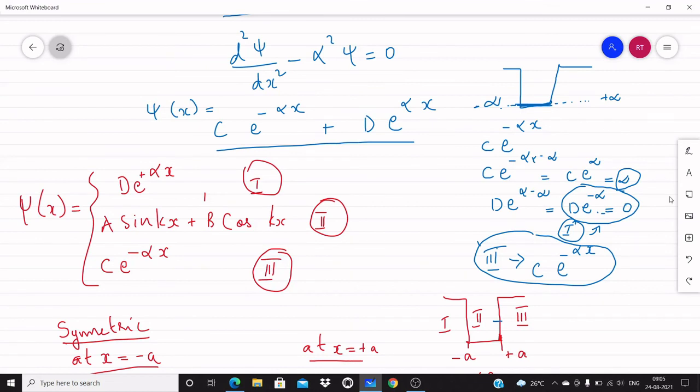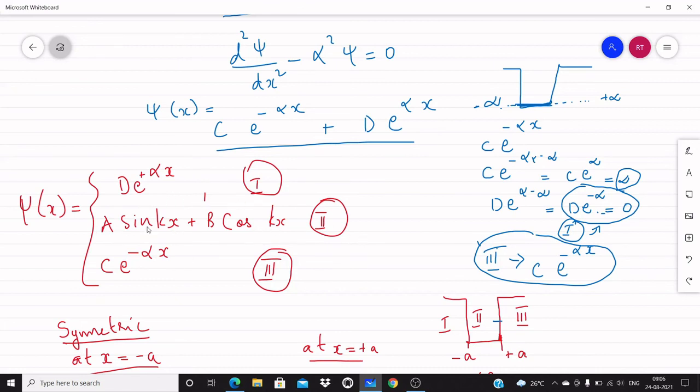So we understood that in region 1 you will have D e raised to plus alpha x, and in region 3 you will have C e raised to minus alpha x, so that you have a well-defined, decreasing wave function, so that the particle is in a bound state, confined in the specified region 2. So you have wave functions like this.